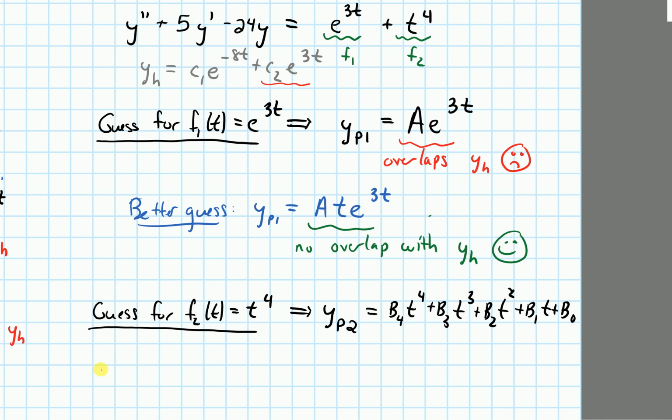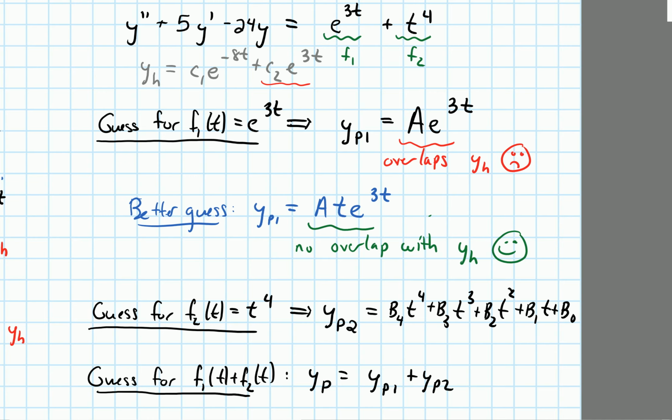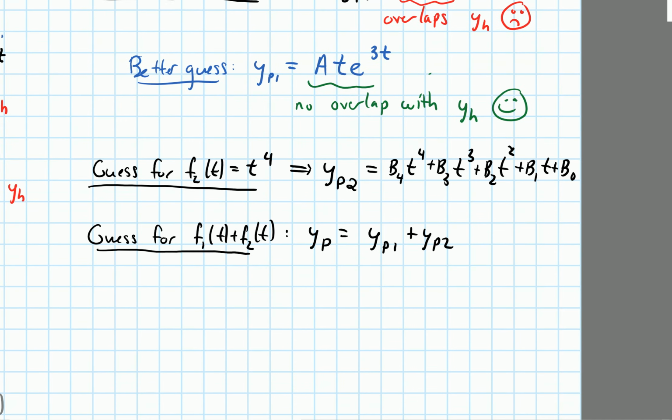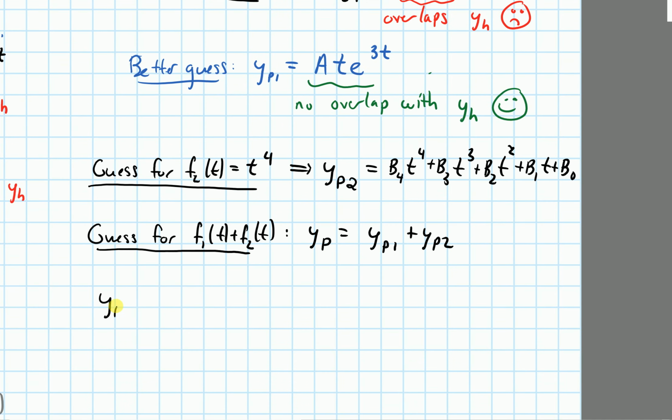Okay, so let's write down our guess for the sum. So what would our guess be for f1 of t plus f2 of t? Well, our guess, which I'm going to call yp, is going to be the sum of these two individual guesses, yp1 plus yp2. So yp would be the sum of these two things.